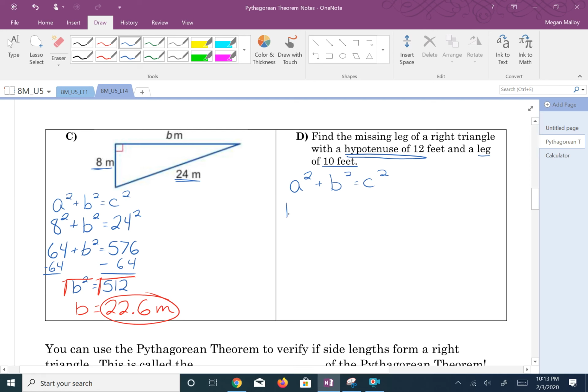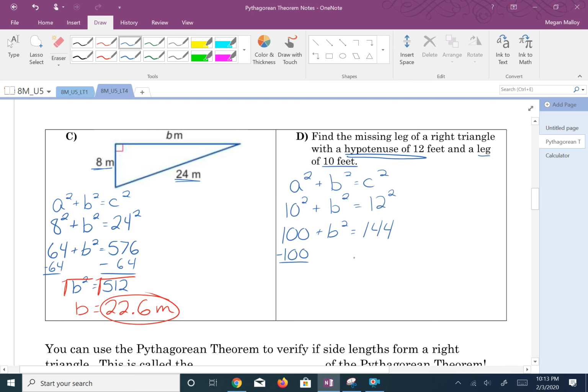My one leg is 10 squared plus my missing leg, b squared, equals the hypotenuse squared. So 10 squared, 10 times 10 is 100, plus b squared equals 12 squared, which is 144.